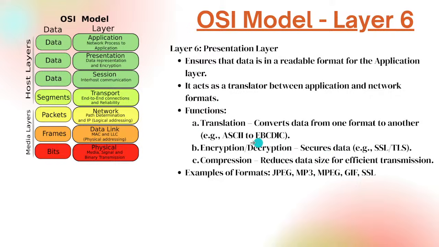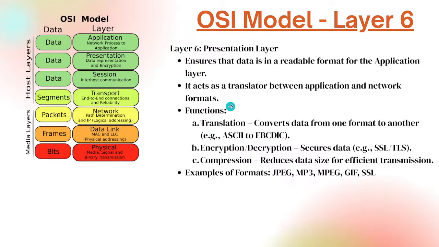While doing encryption and decryption, the data should be transferred securely, right, using SSL or TLS. Compression reduces the data size for efficient transmission. So when it is encrypting or decrypting the data, it is very important to give importance to reducing the data size for efficient transmission. Otherwise, there are chances that data loss may happen.